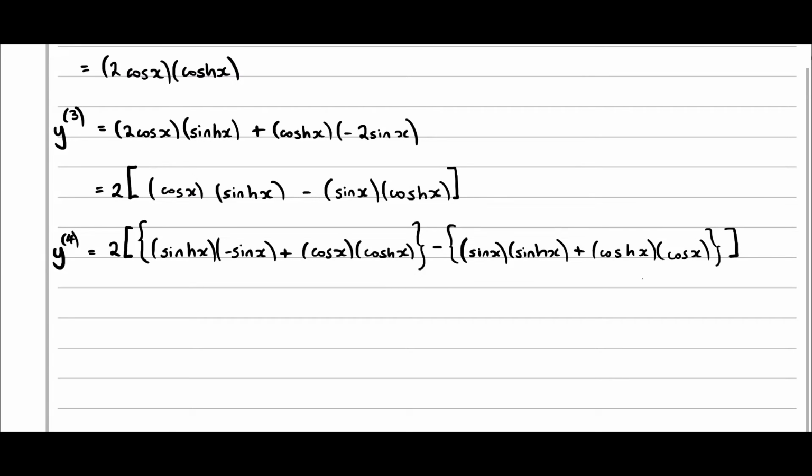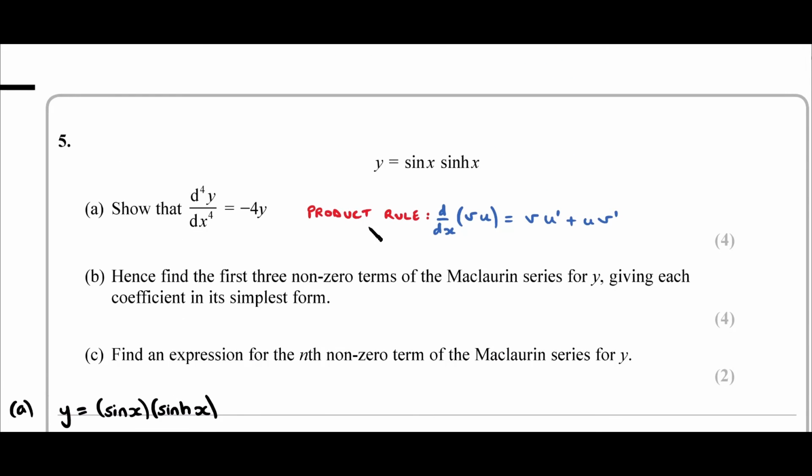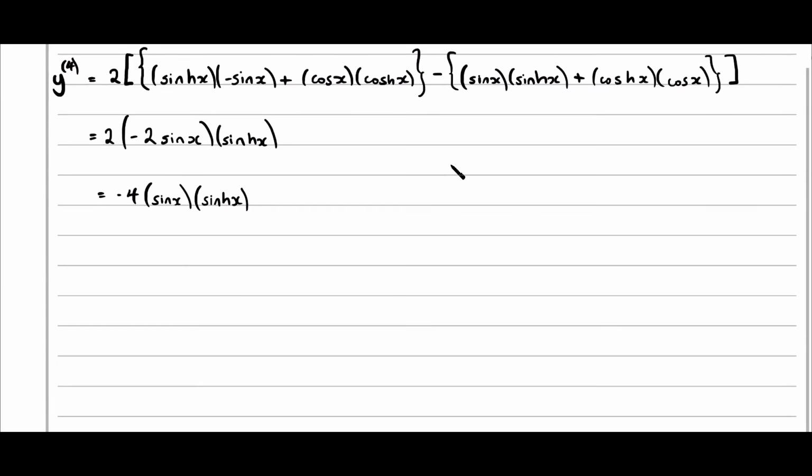And if we simplify all this, we have 2 lots of minus 2 sin x multiplied by sin x. 2 times by minus 2, that's minus 4. So we have minus 4 times by sin x multiplied by sin x. And that bit over here is simply y. So we have minus 4y.